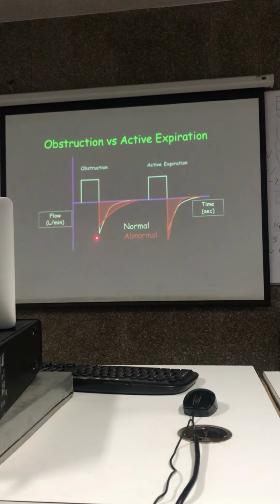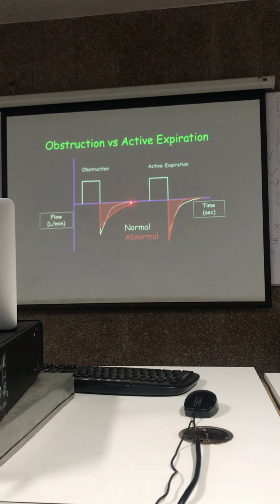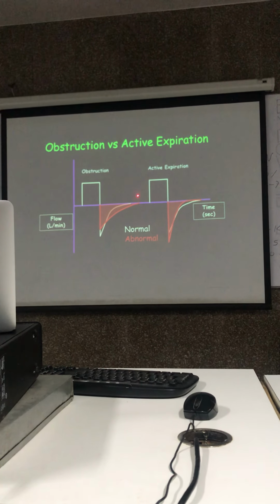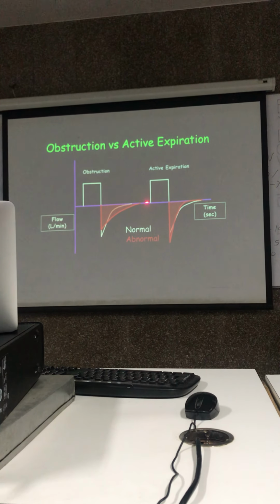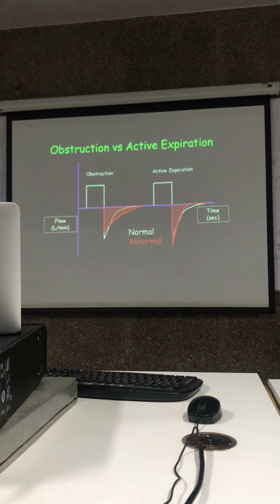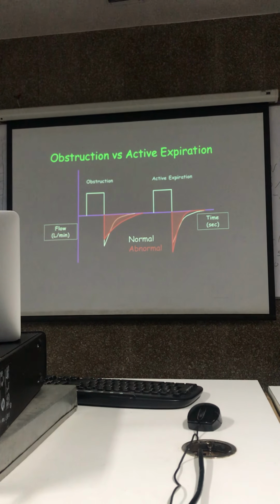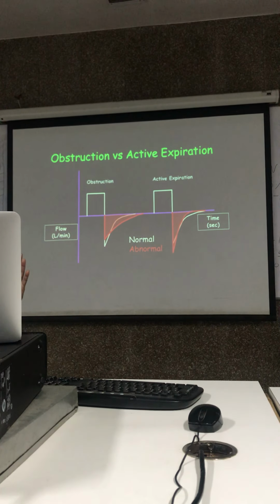This is a good curve here. You will find that this is flattened out and it takes longer to reach, and you will find this time really short. That's why I told you sometimes you might not be able to recognize this. If you had a previous tracing to look at, you will be able to identify that this is the pattern that you will see.